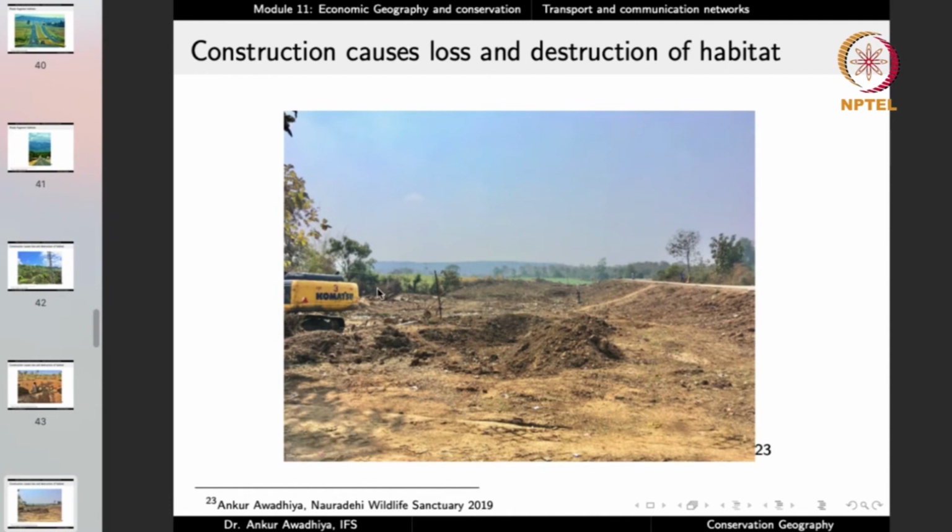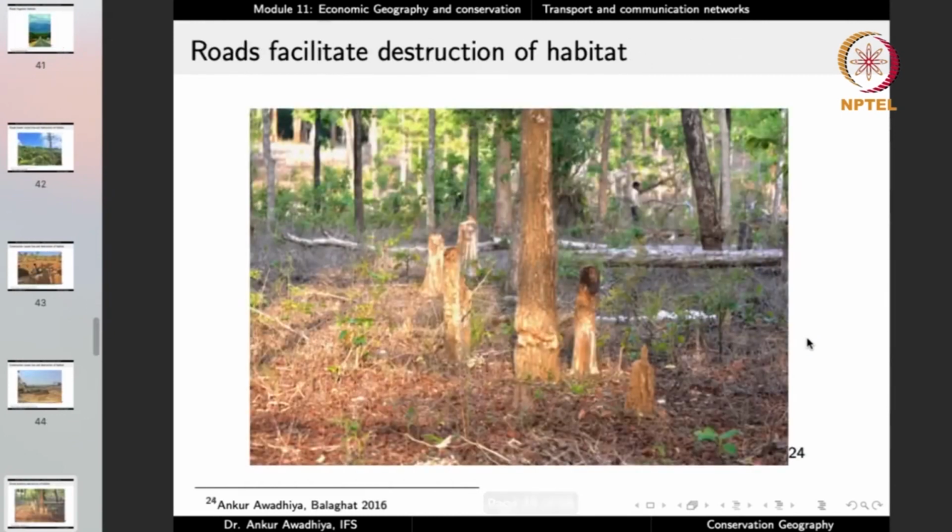So all of this area has to be filled up so that the road is a level road. When that is done, quite a large amount of material will be required to be filled in this area, and this material will come from the surroundings. So construction causes huge loss and destruction of habitats.